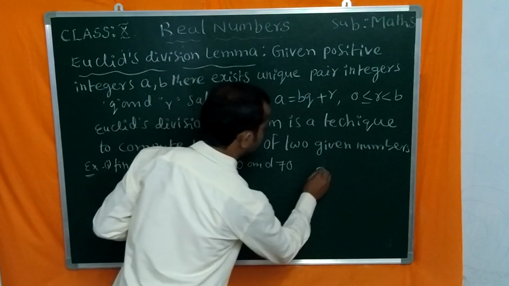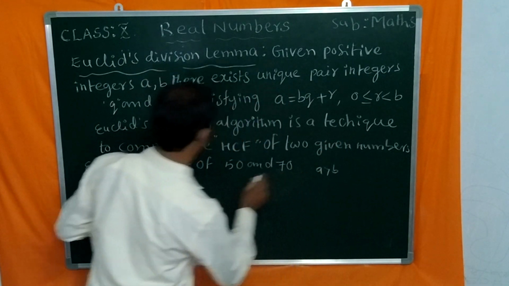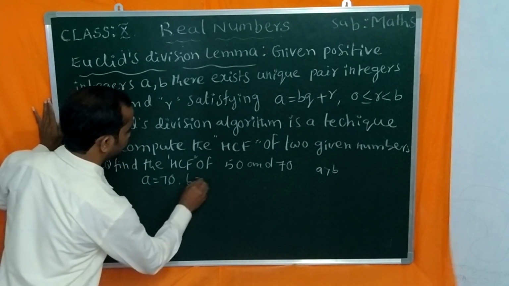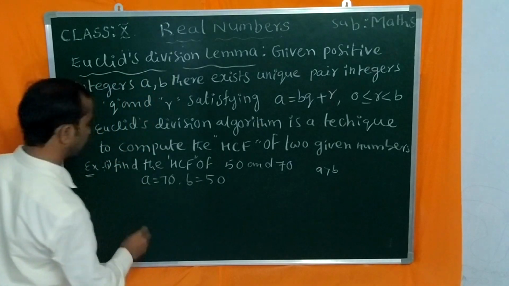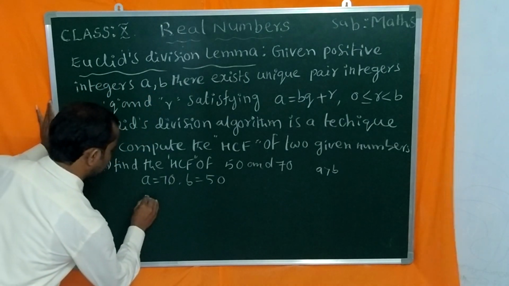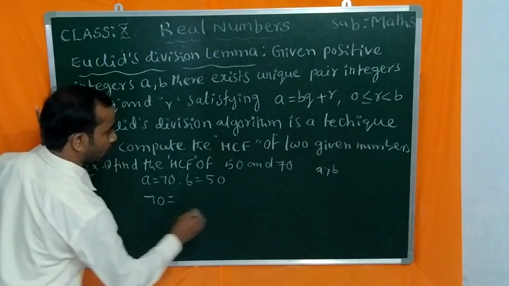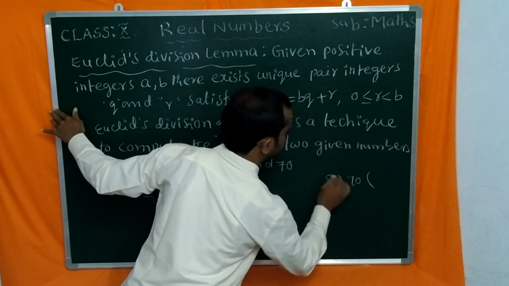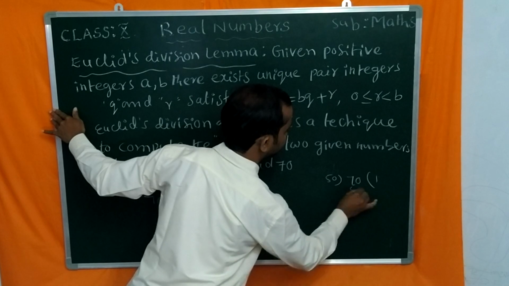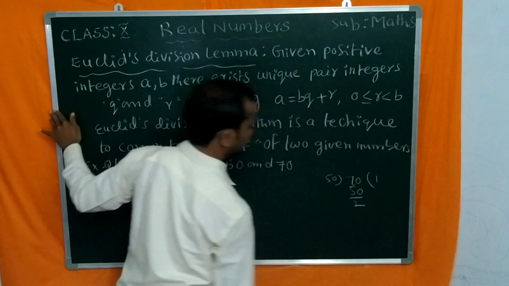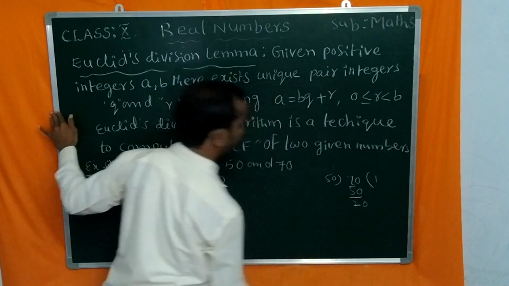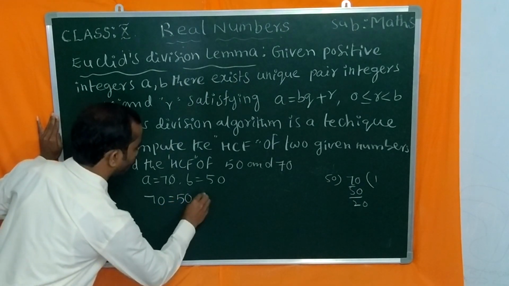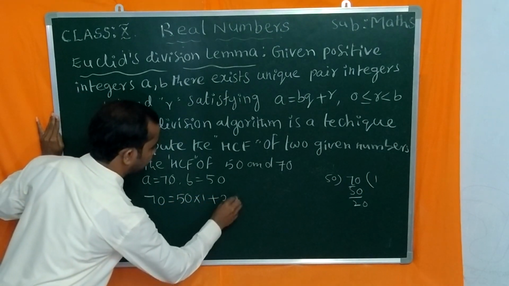Here a is greater than b, so a equals 70 and b equals 50. 70 divided by 50, 50 ones are 50. Remainder 20. So 70 equals 50 into 1 plus 20.